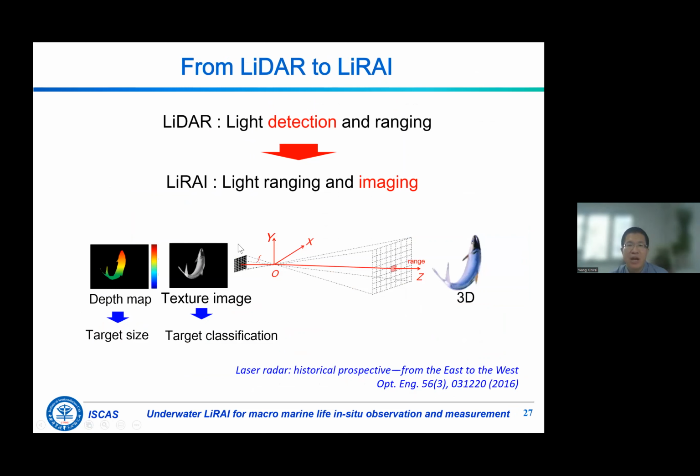In fact, LiRAI is a kind of LiDAR, and as we all know, LiDAR is light detection and ranging, but different from LiDAR, LiRAI realizes light ranging and imaging, so one can obtain a depth map and a texture image for target size measurement and target classification.